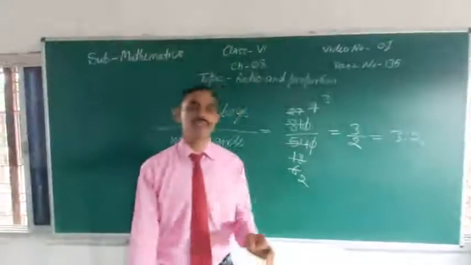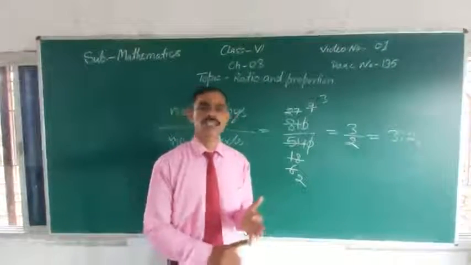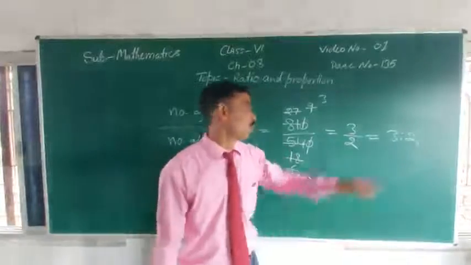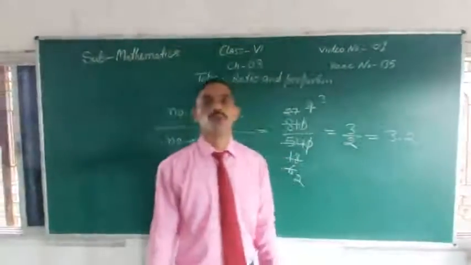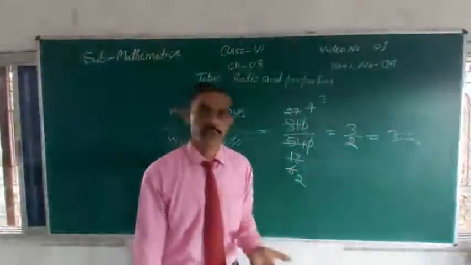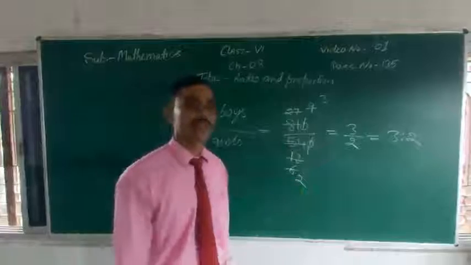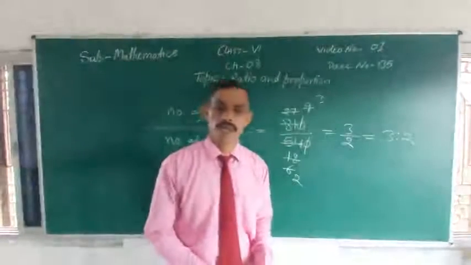Now we say that the boys and the girls in that school are in the ratio 3:2. So simple: whose ratio we have to find out, we write their fraction and then convert it into a ratio very easily.